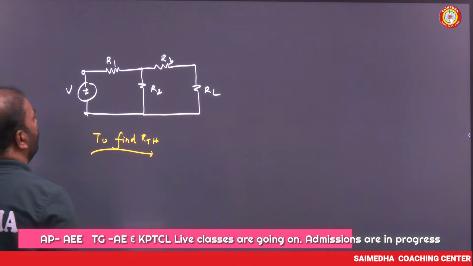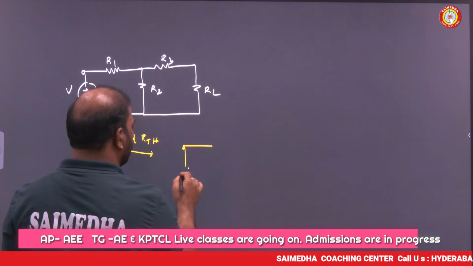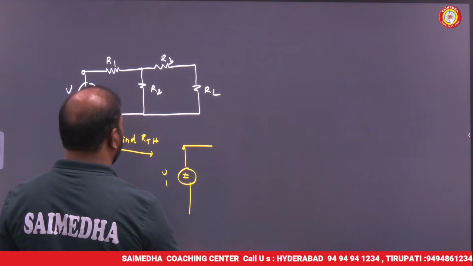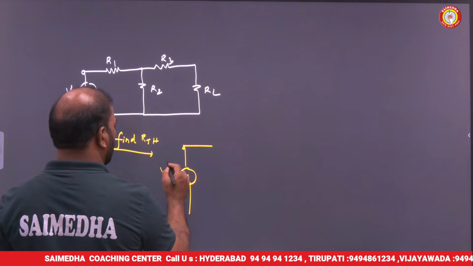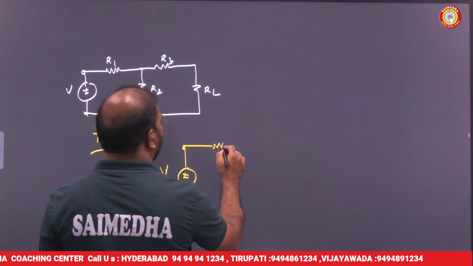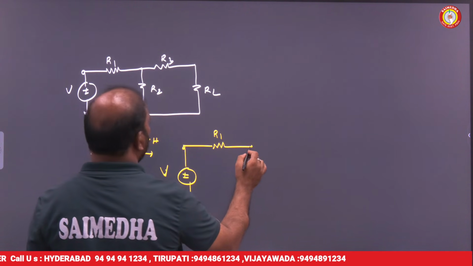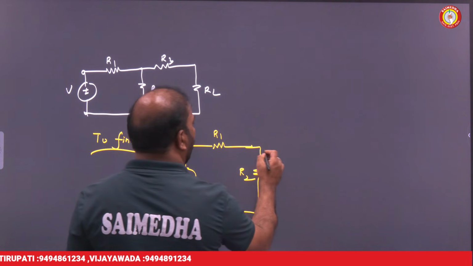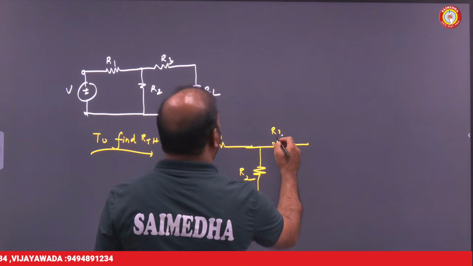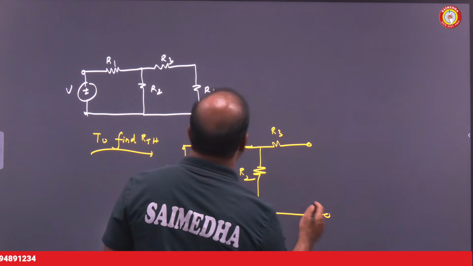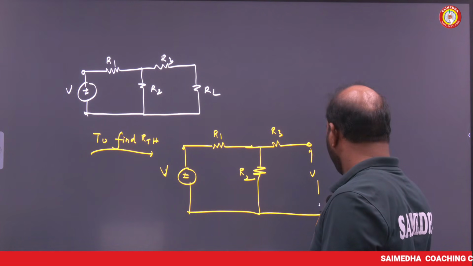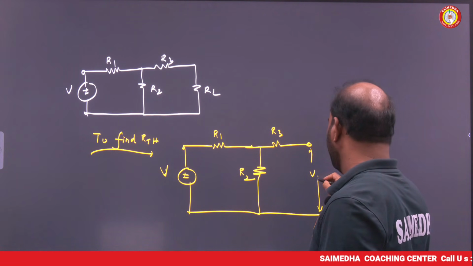We need to remove the load resistance. Then we get this circuit, with voltage source value V, and R1, R2 and R3. After removing the load resistance, these terminals would be open. Then you find the voltage across these open terminals, which is nothing but VTH.